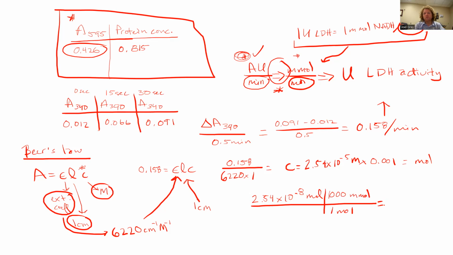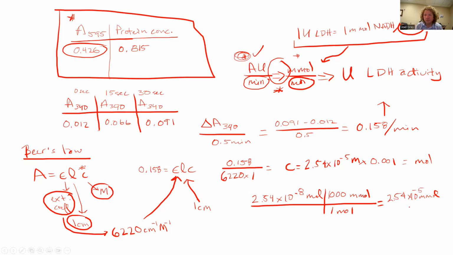So 2.54 times 10 to the negative 8th, and I get 2.54 times 10 to the negative 5th millimole. So that 2.54 times 10 to the negative 5th millimole.